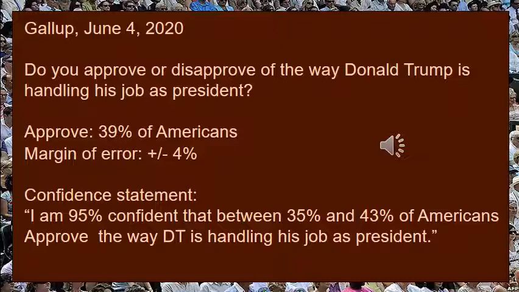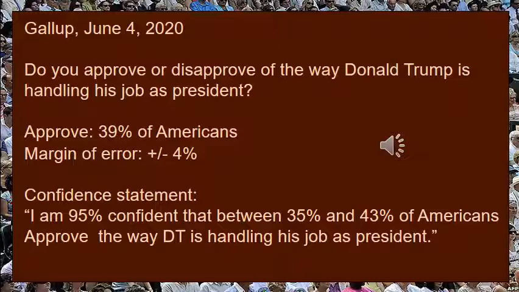And the result of this poll indicated that 39% of Americans said yes, they approve. It's not 39% of all Americans here. It's 39% in their sample. Of course, they did not ask all American citizens. And they said their margin of error is plus or minus 4%.